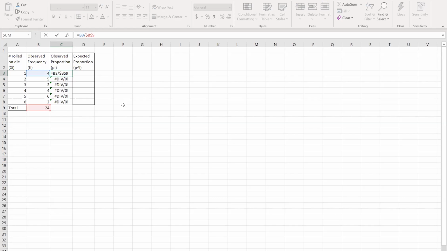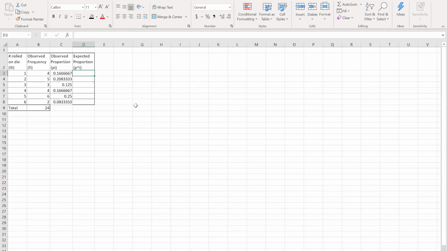So now B9 will not change. I can click this and drag down now, and it works just fine because we're dividing each of these numbers by 24. 24 hasn't changed, just the numerator. So that is our observed proportion of each number on the die.